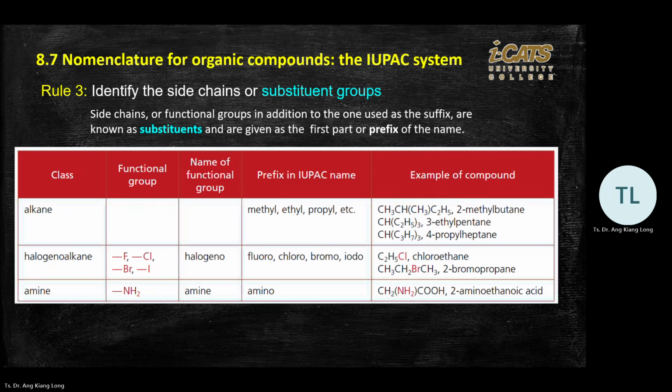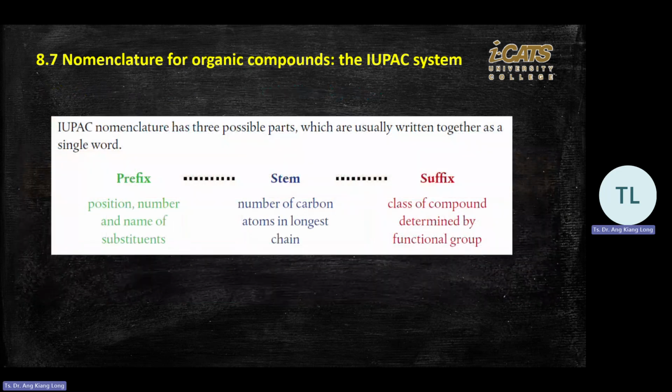Yeah? So I'll show you how. These are the general way of naming the thing. Like a Chinese name, we have surname and family name, right? So the prefix is carbon.